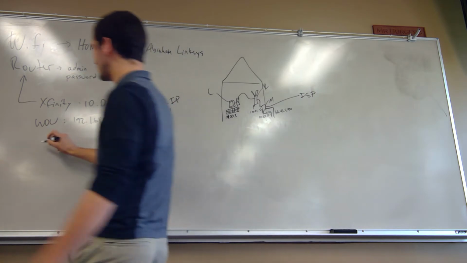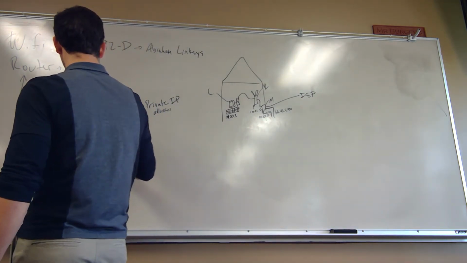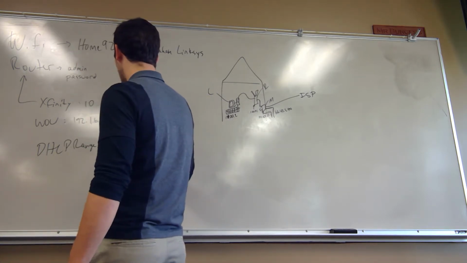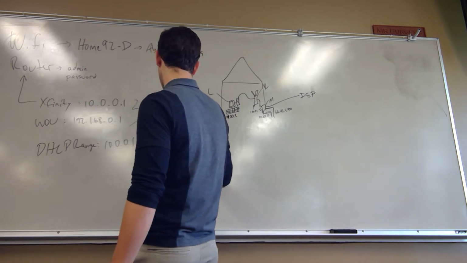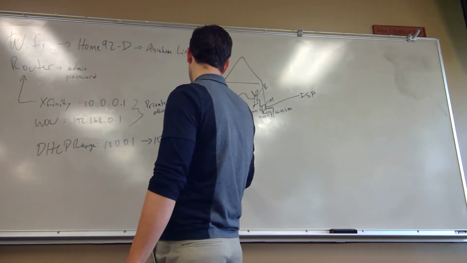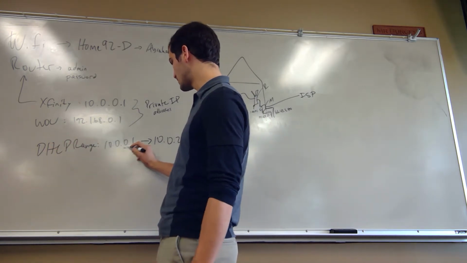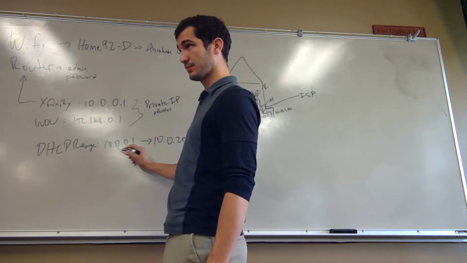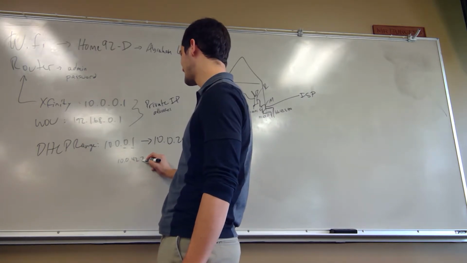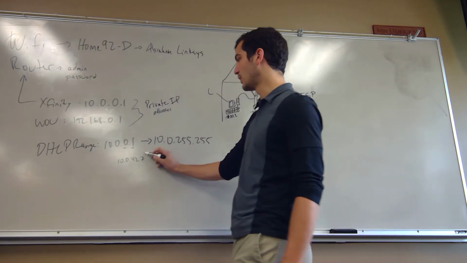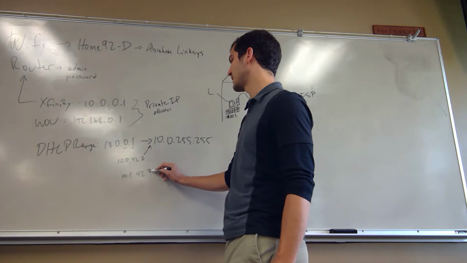So if my DHCP range on my network is 10.0.0.1 to 10.0.255.255, that means I can have anywhere. So these two numbers can change, but these can't. So a 10.0.42.7 falls within this DHCP range, but 10.1.42.7 does not.